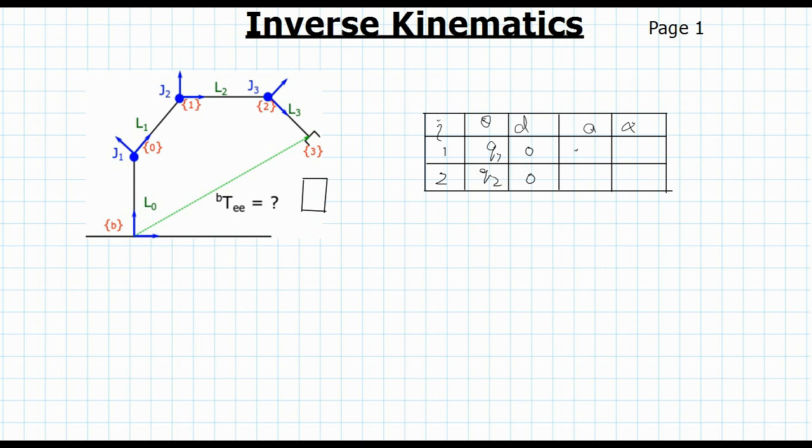We have 0.5 for the first link, alpha is 0 in both the cases, and this was 0.3.